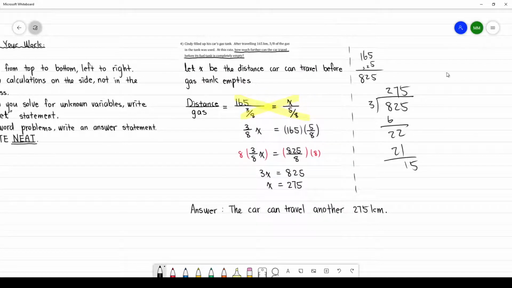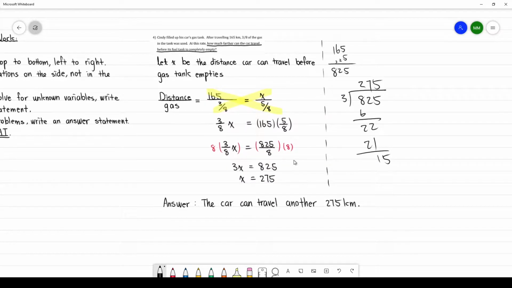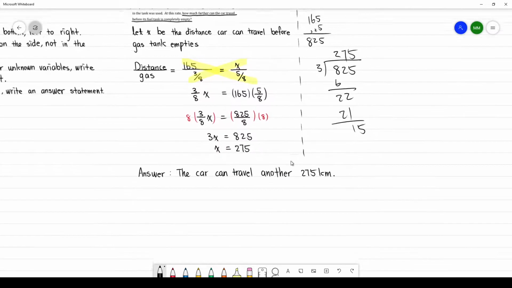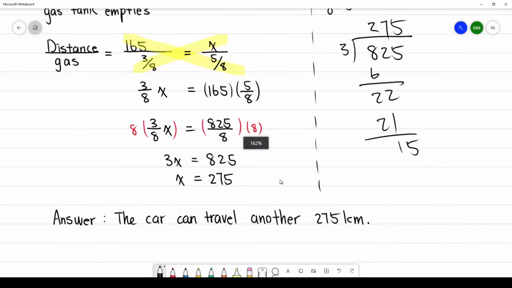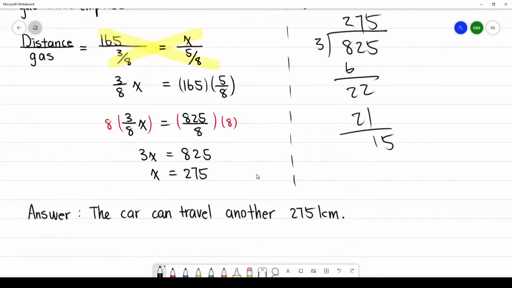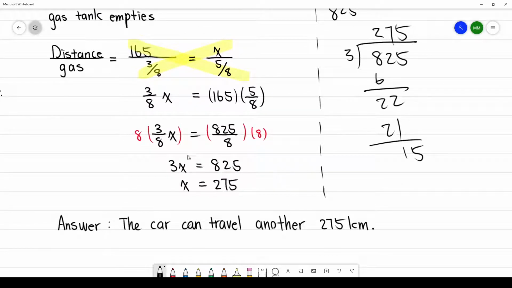So if you show your work this way, from top to bottom, and write neatly, your teacher is really going to have a good impression of your work, and she's not going to be searching all over the place for your answer or for where your work is. And even for yourself it's really nice, because I saw some of you got the right answer, like x, and it's not only for this problem, other problems as well.